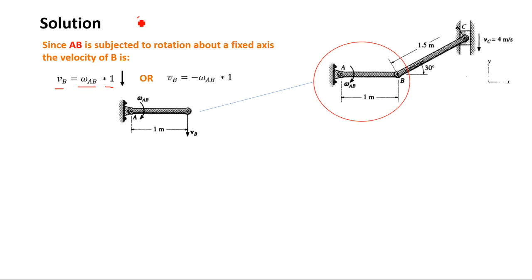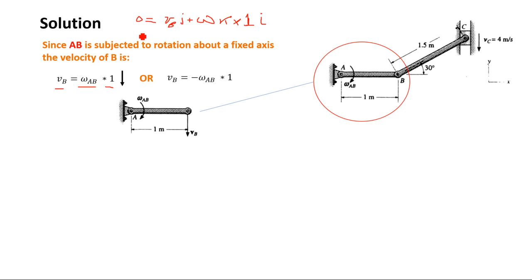From there, we can write that 0, which is the velocity at A, is equal to the velocity of B as a vector, which is only in the y direction, so VB j, plus omega k cross 1 i.